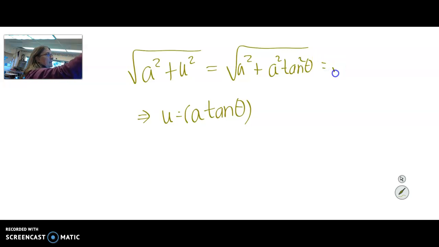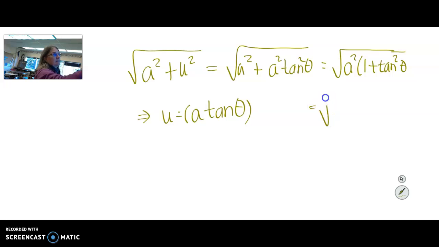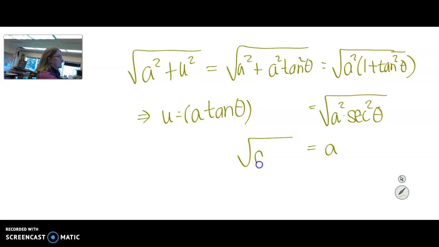If we factor out an a squared, you're left with 1 plus tangent squared theta, and by the Pythagorean identity, that is secant squared theta, which, taking the square root because it's a product, you can do that. This original square root of a squared plus u squared can be substituted with a secant of theta.